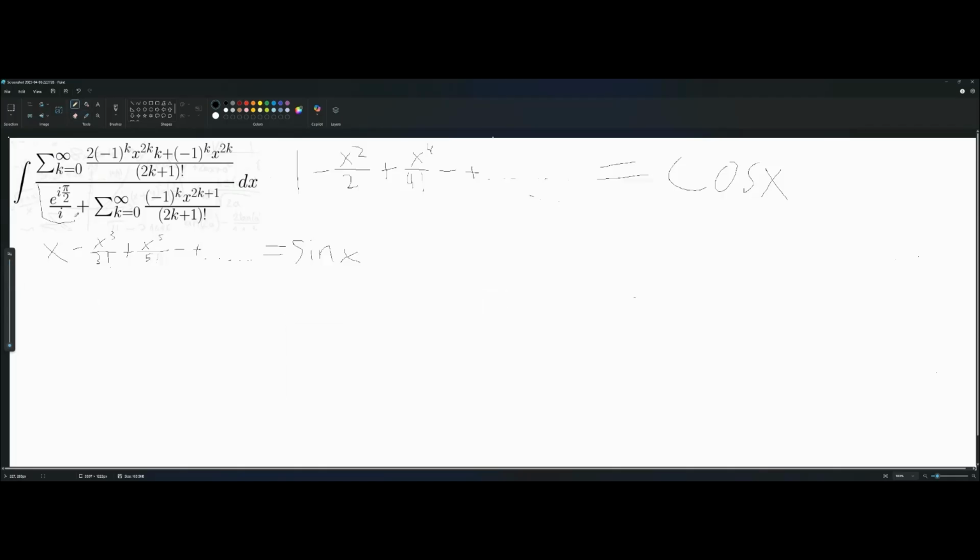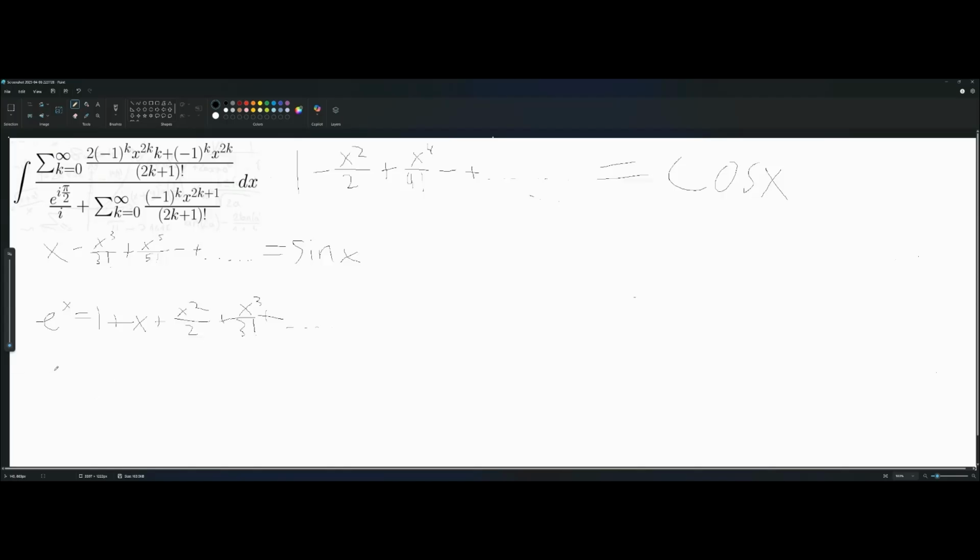Now let's look at this. This might look confusing, but it's okay. We'll use our series to figure this out. So remember when we talked about the series of e to the x being 1 plus x squared over 2 plus x to the third over 3 factorial, on and on and on.